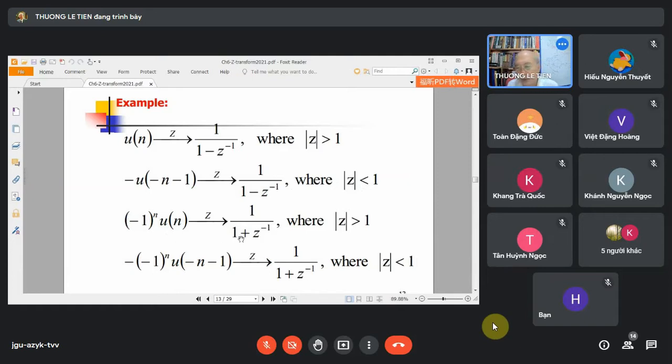Then we get this with the region of convergence outside the circle 1, because we take the absolute value of minus 1. And this one is the case of anti-causal. Then we get the region of convergence inside the circle 1. All right?